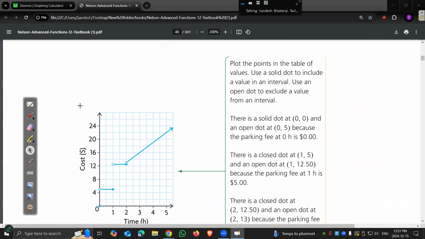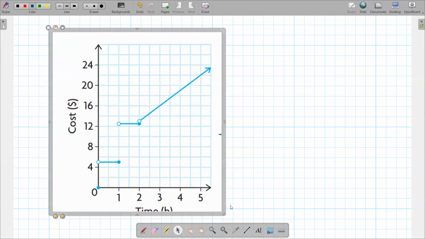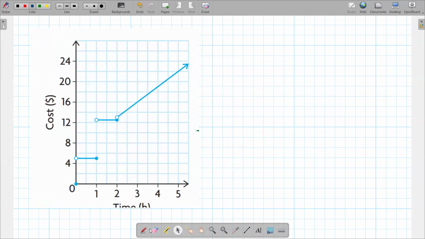So here we're given a plot. As you can see in this plot, you kind of jump, right? Jump from here to here, and then from here to here, and it looks like you jump from here to here as well. This is what we call a piecewise function. It's made up of multiple parts.